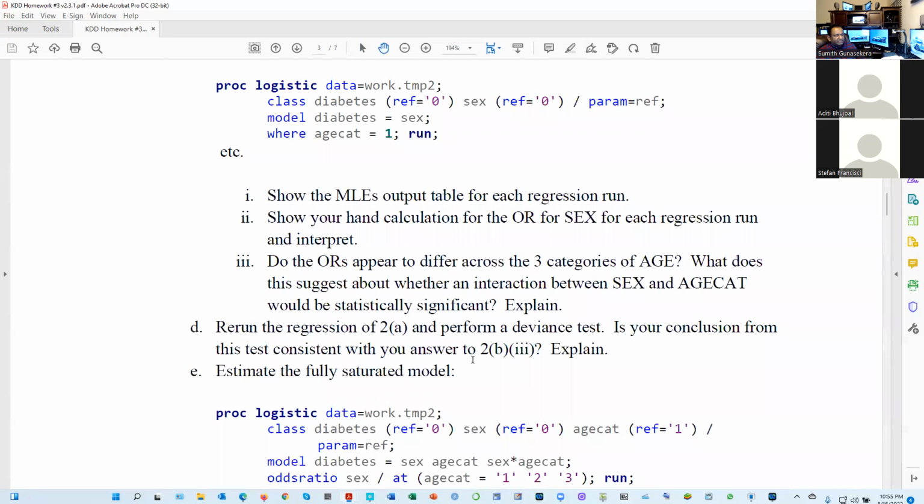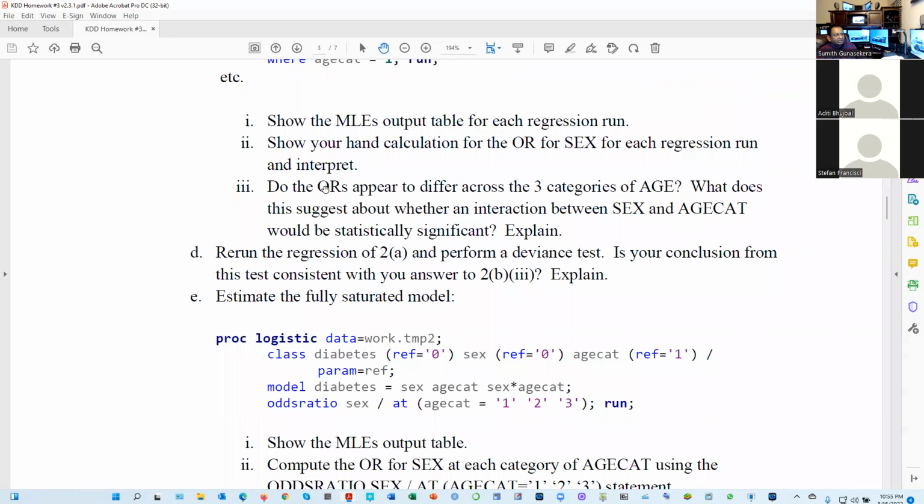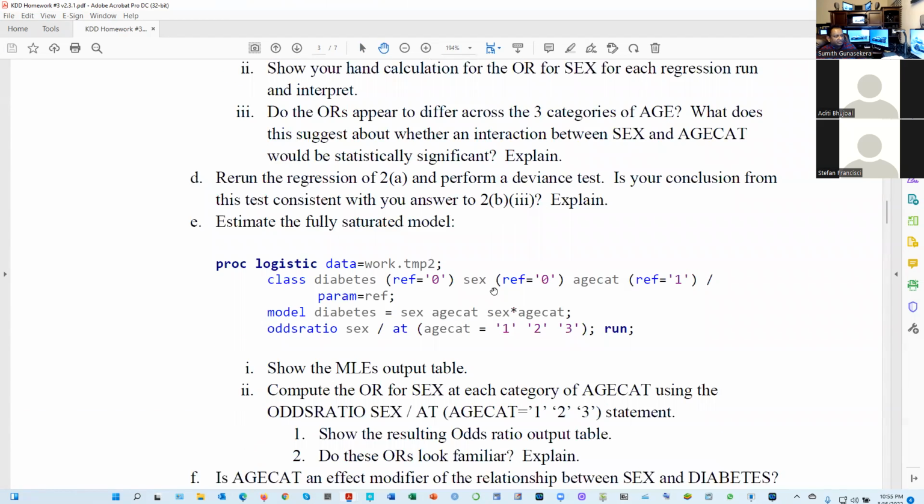Then we found that interaction term, no, that the age categories. Okay, then OR appears across the 3 age categories. Would an interaction between sex and age cat be statistically significant? Rerun this one, and from the deviance test we say it is statistically different because we reject H naught, the interaction term being 0, being rejected. That means you're going to keep the interaction term.